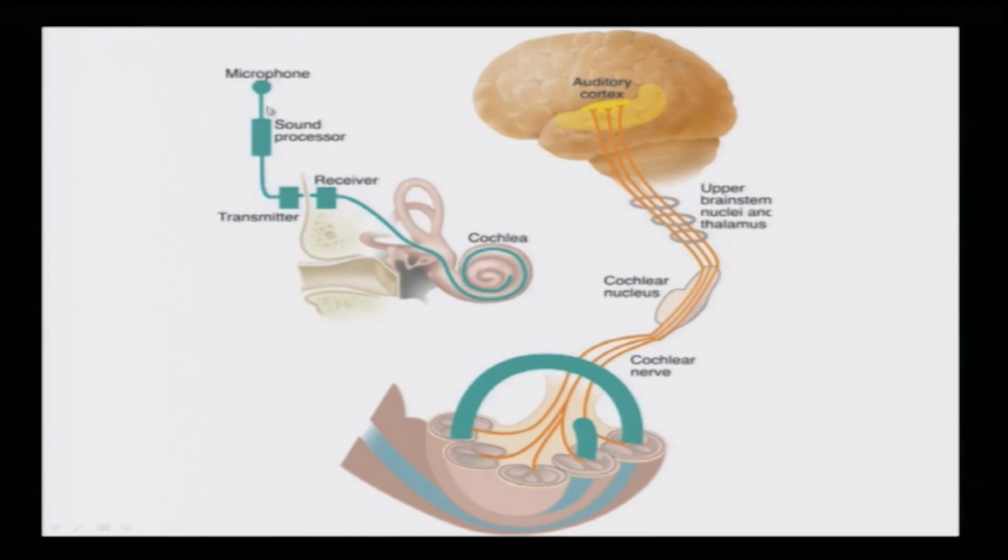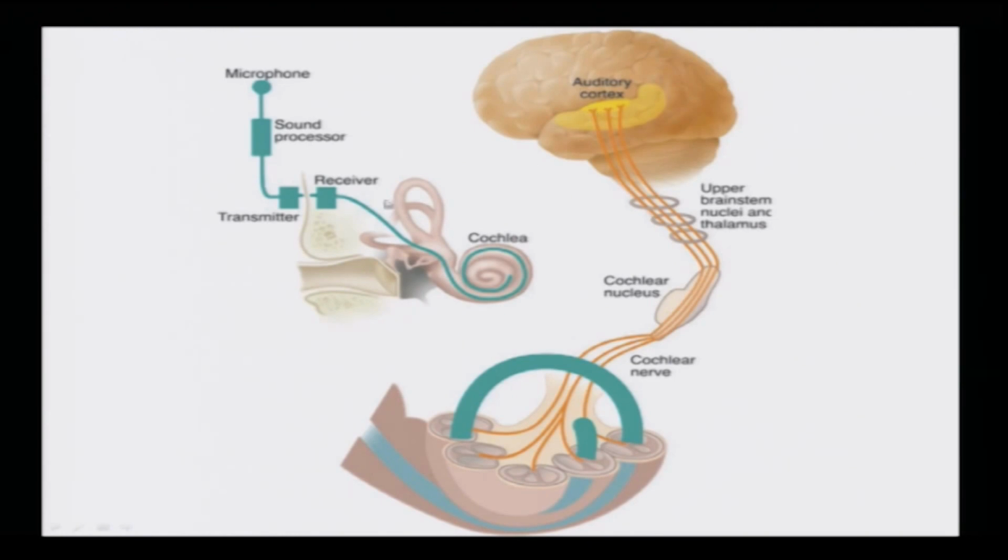You have a microphone, there is a sound processor, there is a transmitter, and there is a receiver. And from here, this signal is fed into the cochlea. This whole thing is connected to the cochlear nerves, and the cochlear nerves carry the signal to the auditory cortex.